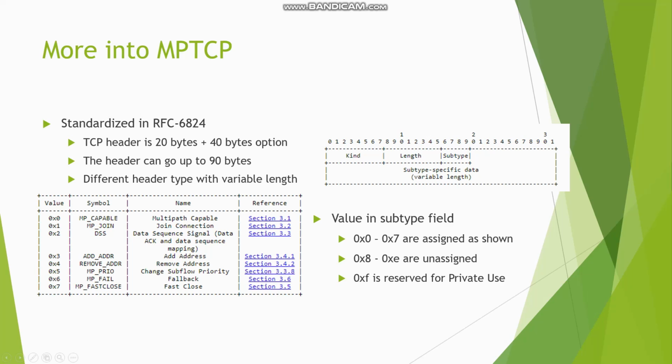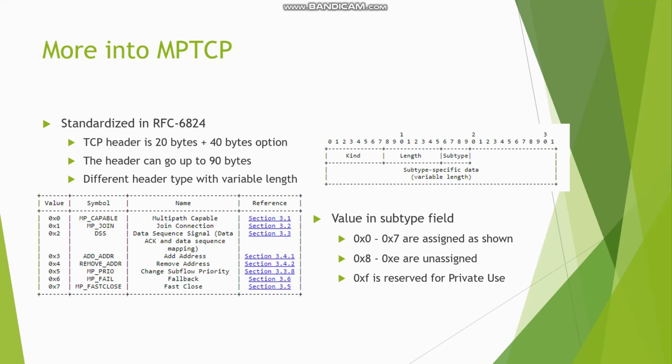One of MPTCP's features is its redundant overhead, which is 50 bytes plus 40 bytes option, in comparison to TCP, whose overhead is 20 bytes plus 40 bytes option. MPTCP defines a 4-bit field called subtype, which includes a few subtypes of MPTCP, and each of the subtypes has its own header fields and header sets.